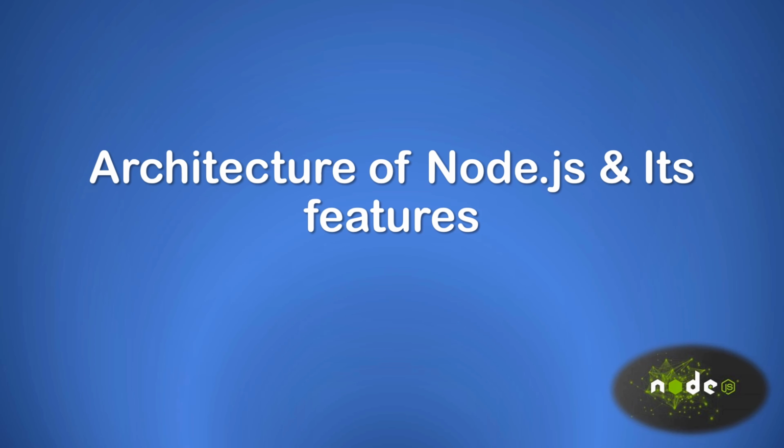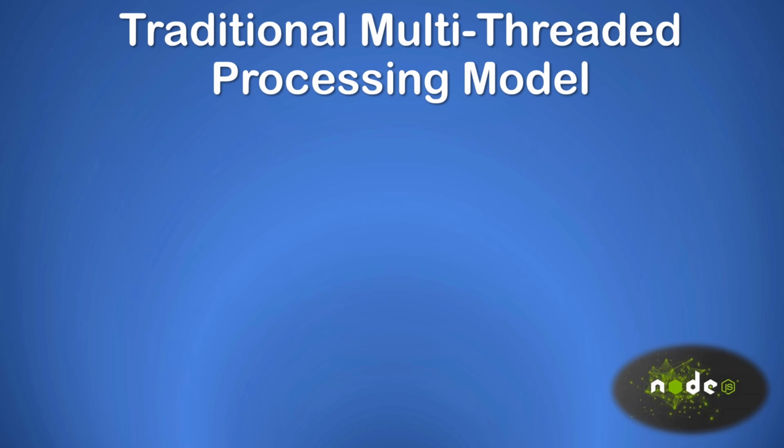Before I explain the Node.js architecture, let me walk you through the traditional multi-threading process model. Let me first explain how this traditional multi-thread model works. Each request is handled by a dedicated thread from the thread pool.